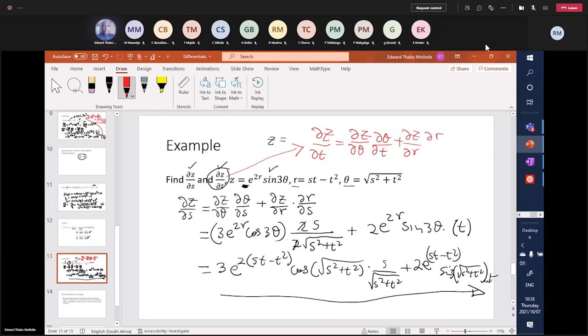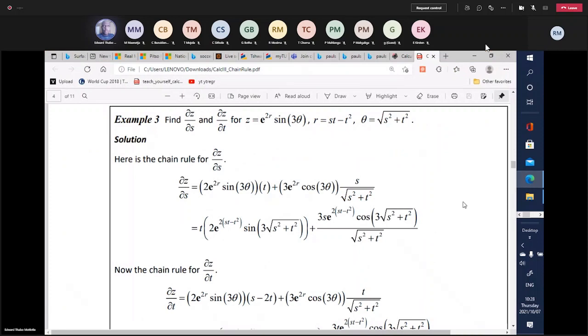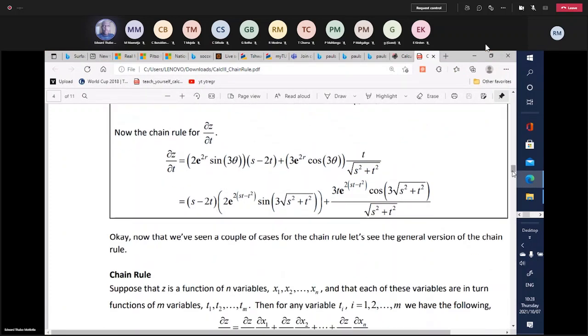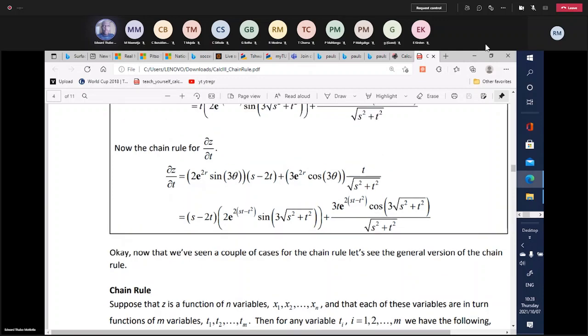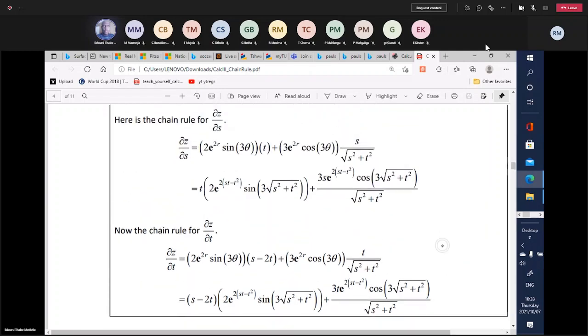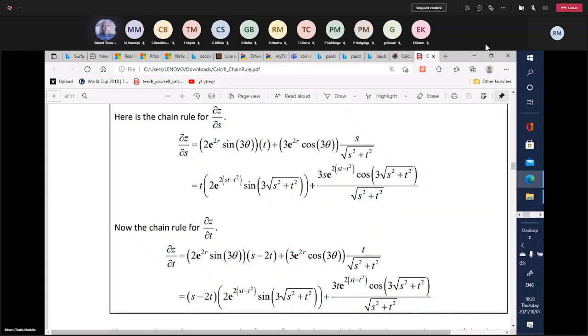We differentiate r partially with respect to t. And then you substitute. You'll end up with a solution similar to this one. So that's how they got their solution here, the one that they have below. Okay, so this is chain rule.